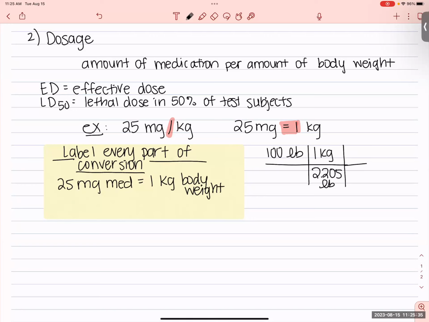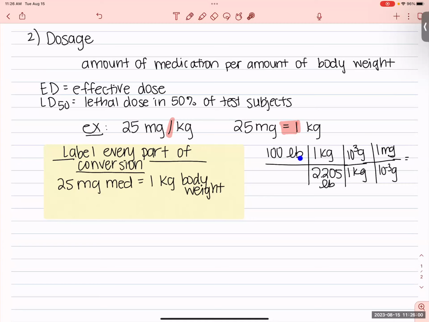And then I can turn kilogram into gram. And then I can turn gram into milligram. Right?